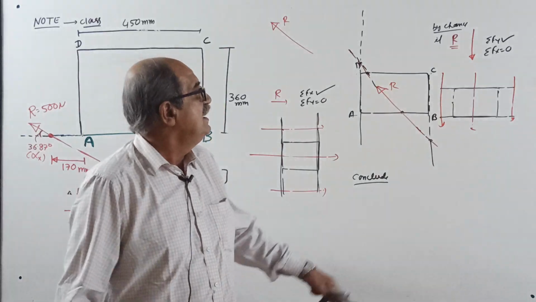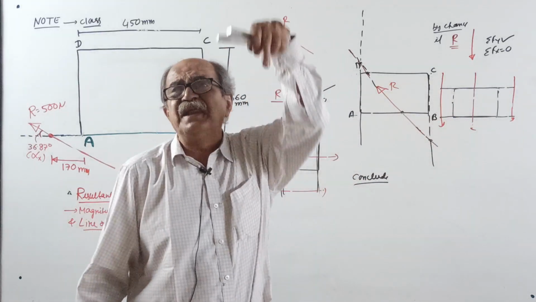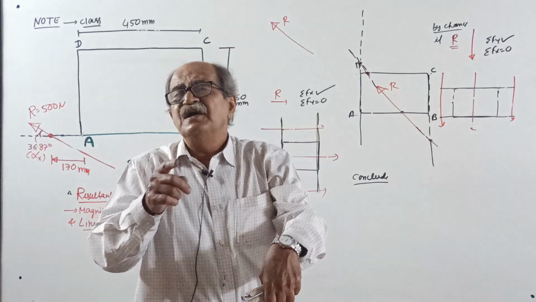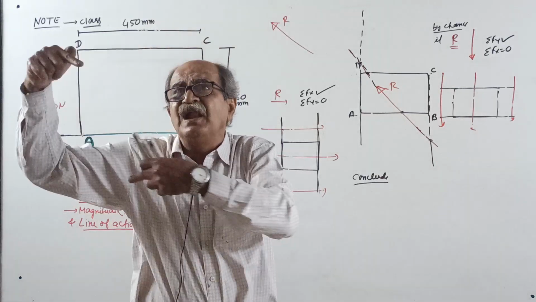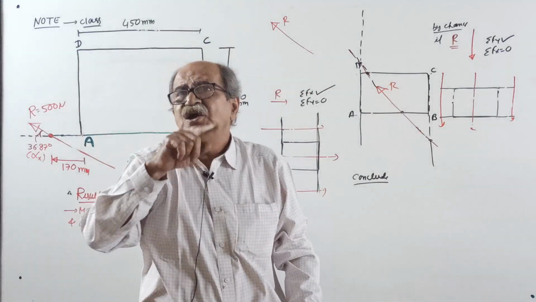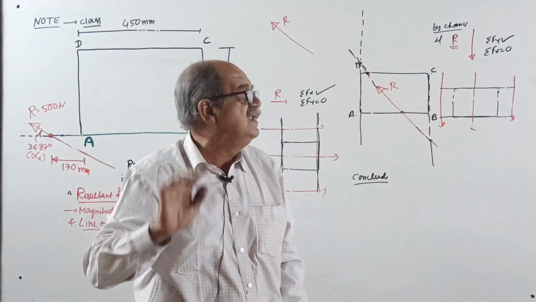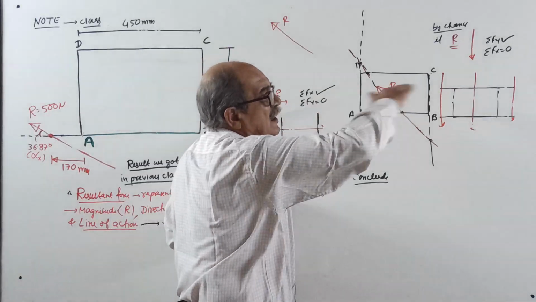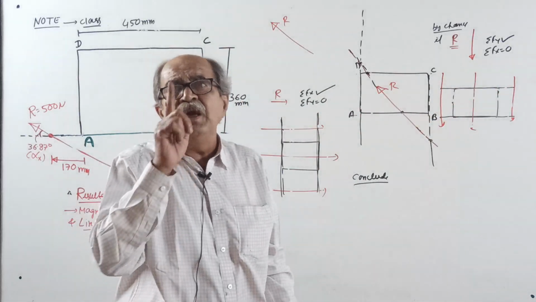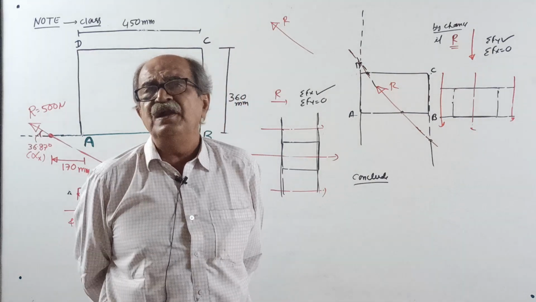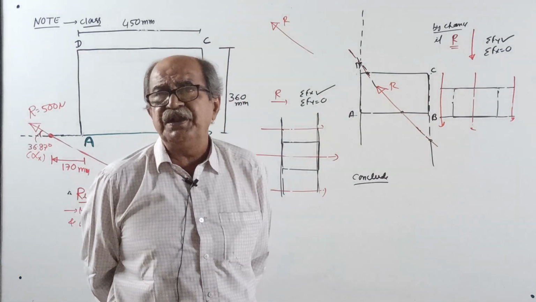Okay. But if the resultant is purely vertical, it will cut only a horizontal line. The unknown point should be taken on a horizontal line. If the resultant is purely horizontal, it will cut only a vertical line. So, the unknown point should be taken only on a vertical line.